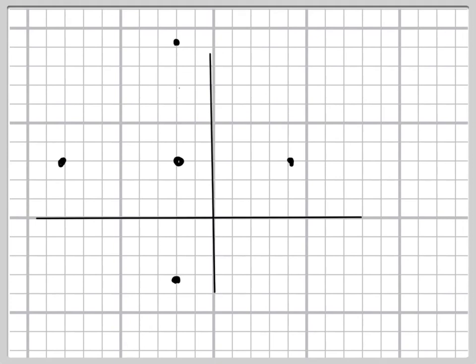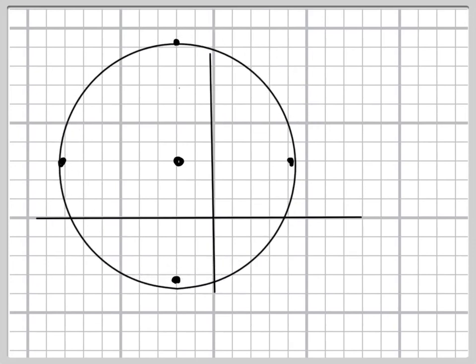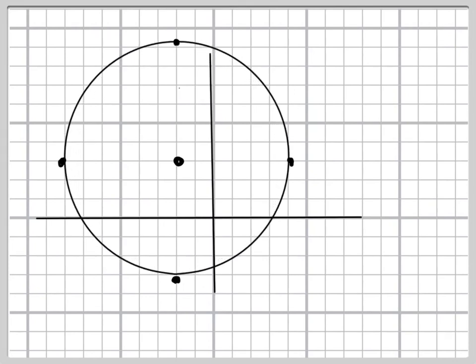And I'm going to connect it in theory. Wow, that's not going to work. Okay, that's more or less believable, right? You're going to sketch it and it's not going to look like a perfect circle, and that's totally fine.